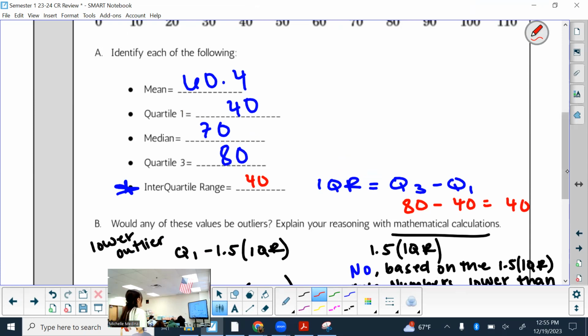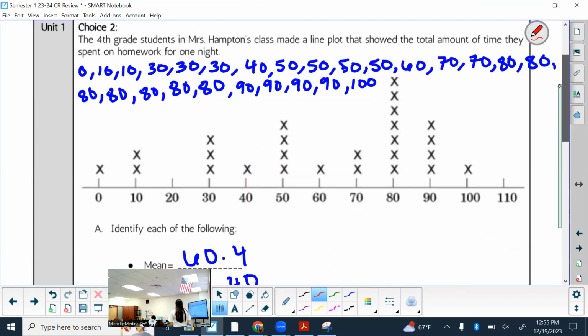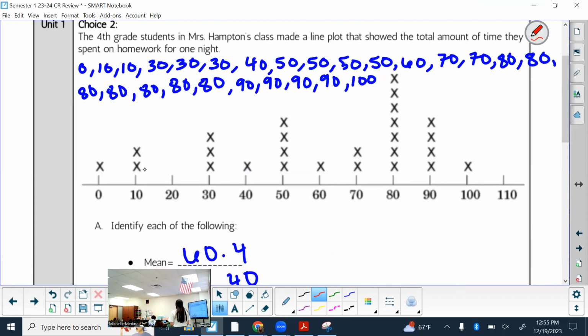Okay. Now the next part, it says, would any of these values be outliers? I feel like most of the students will just try to visually tell me if there's outliers or not, but there is a way to support it with math, and I'll show you that. If I look at it visually, does it look like there's any outliers?